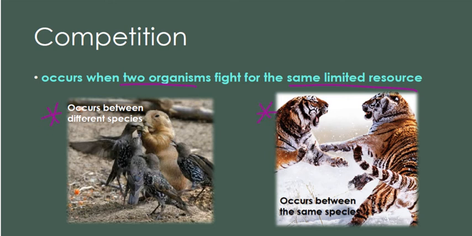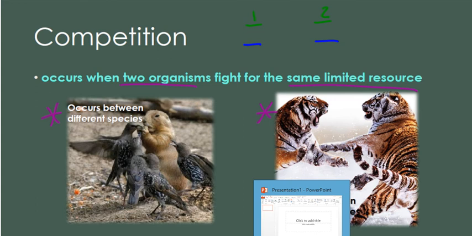In both cases, we would say that there is an exhaustion of energy from organism 1 and organism 2. So we would say that they both actually are harmed in the transaction, because both have to exhaust energy and resources to be a better competitor over the other.